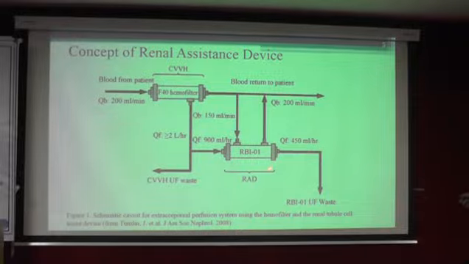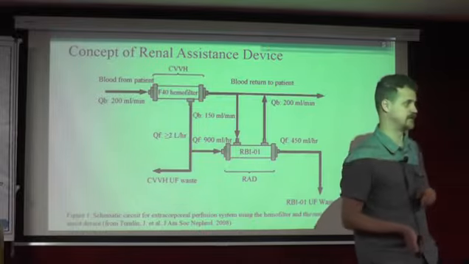So this system returns the blood to the patient with the nutrients that were transported from the ultrafiltrate back to blood, and then the spent ultrafiltrate goes to the waste. So basically that was the main idea behind this artificial nephron technology.